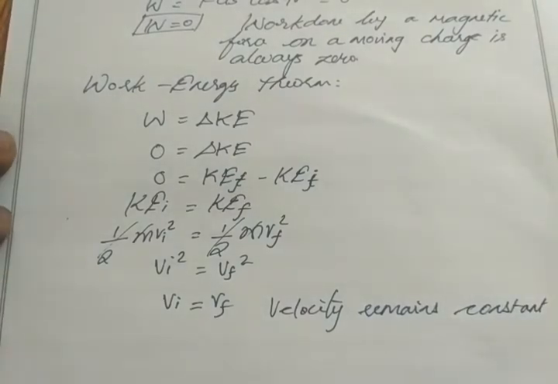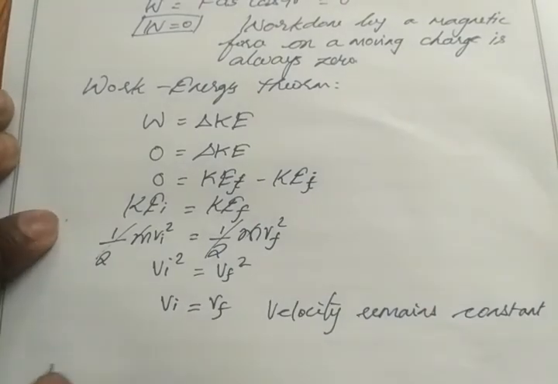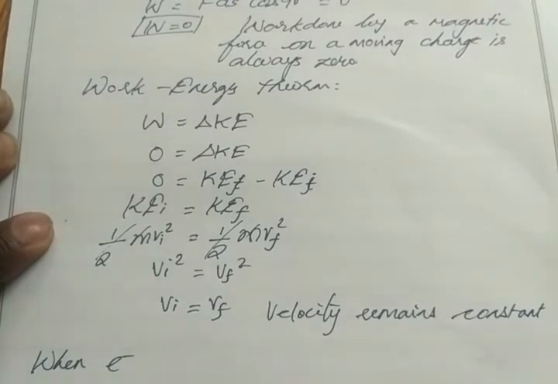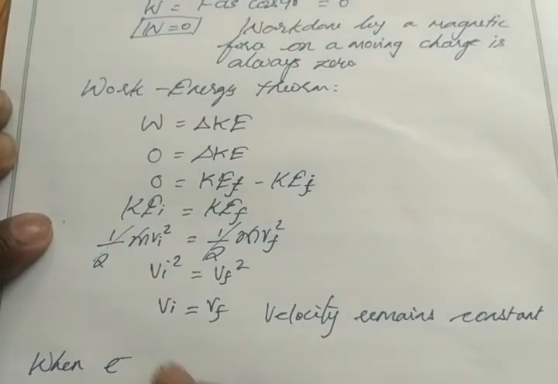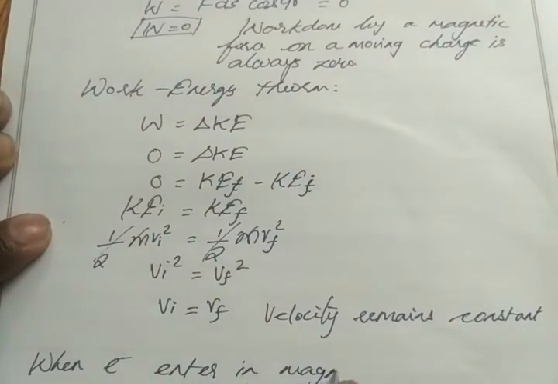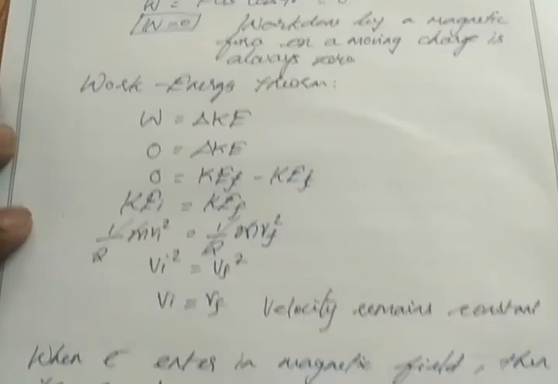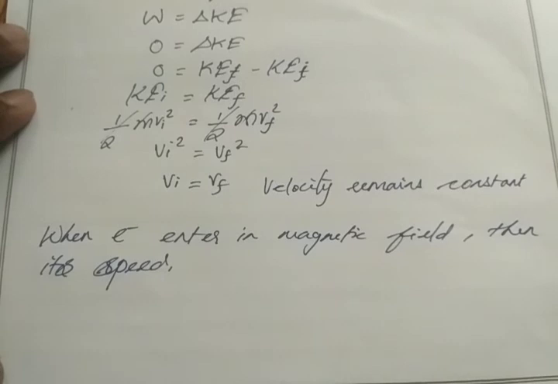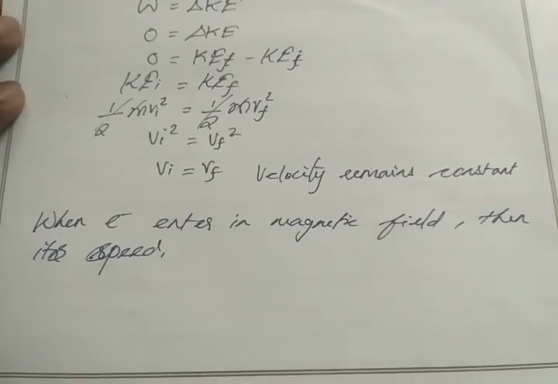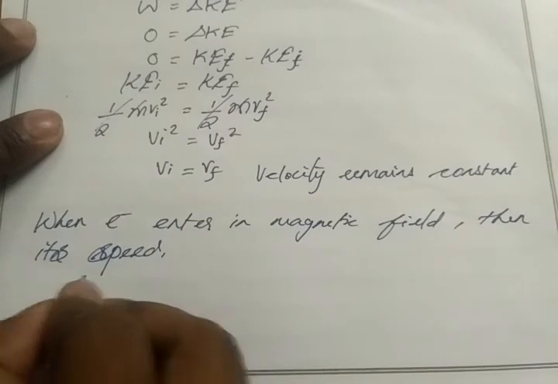To understand this, we solve one small numerical. When an electron enters a magnetic field, then its speed. So we have four options.